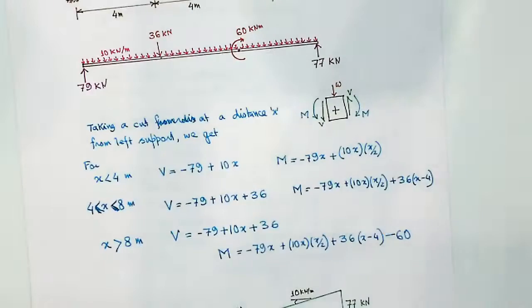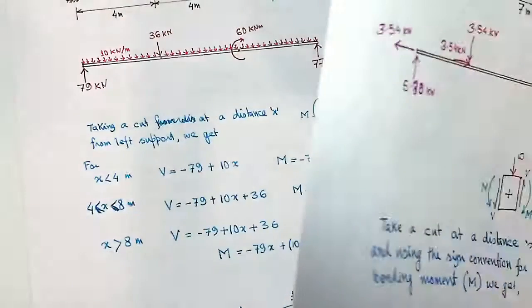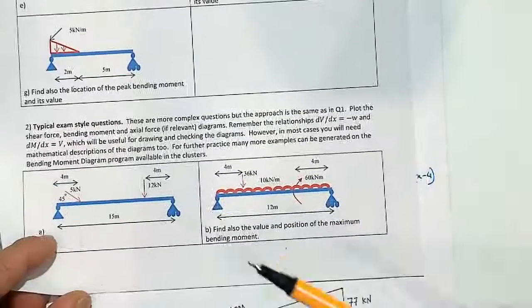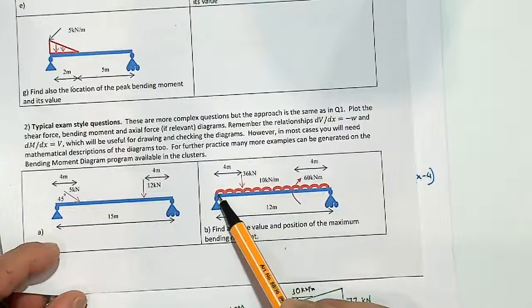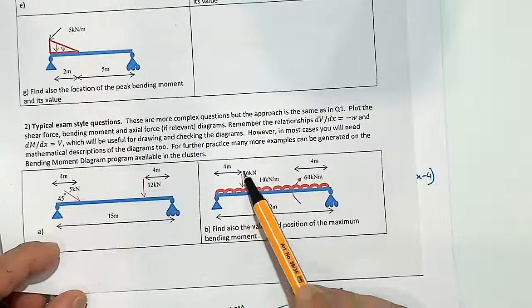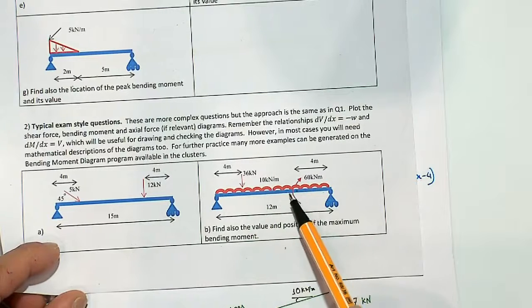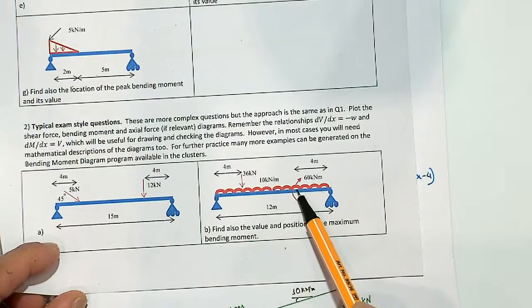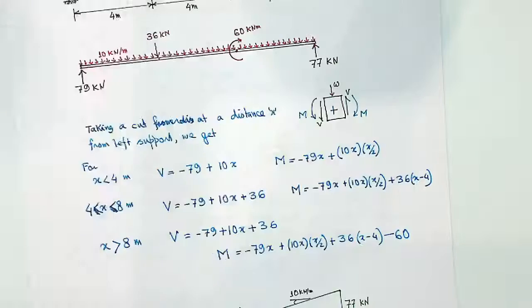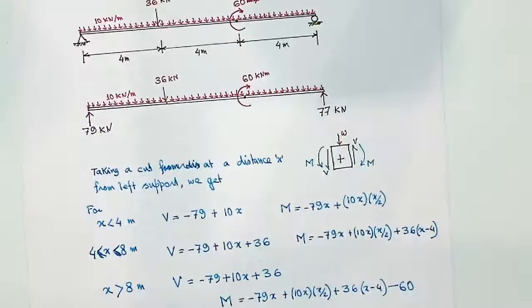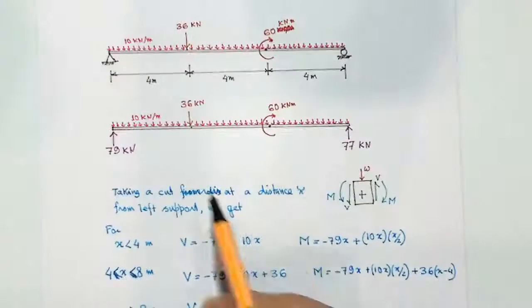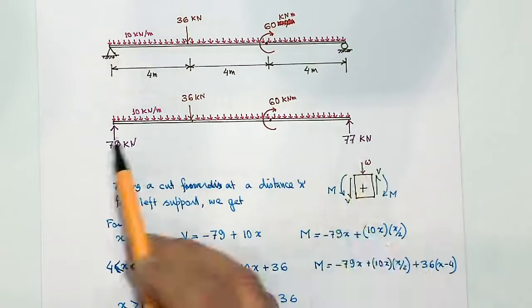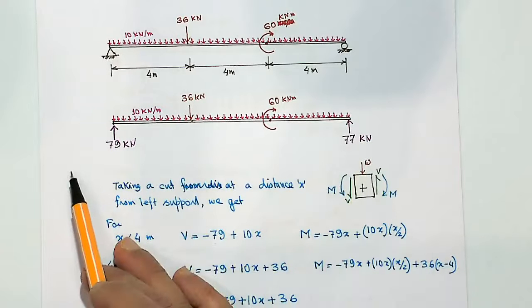Okay? So the next one is this question, and here you have got 3 loads: 1 UDL, 1 point load and 1 concentrated moment. So there are 3 loads in here. Again, first of all, find the reaction forces.